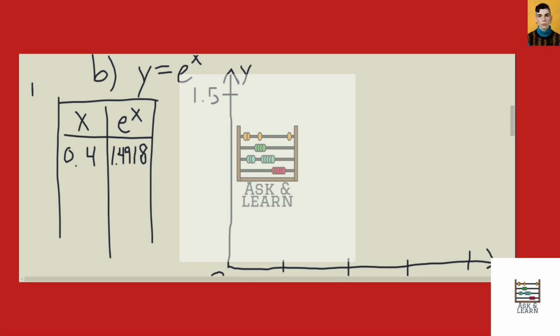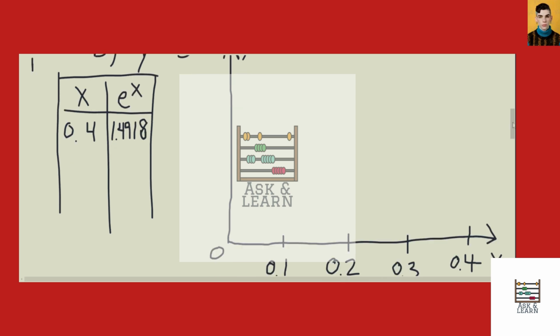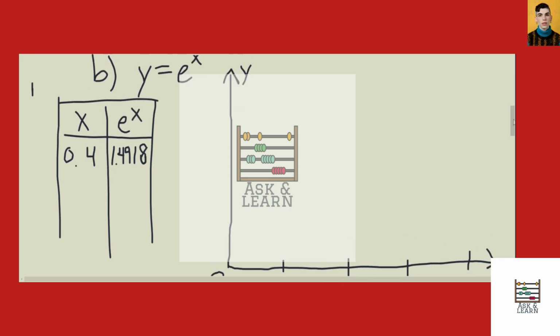This is very, very close to 1.5, so I'll just draw 1.5 here on the graph, the max value on the y-axis. This will be 1.0, and this will be 0.5.